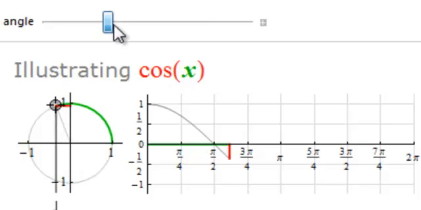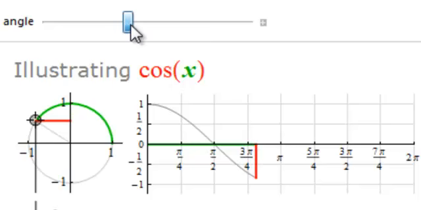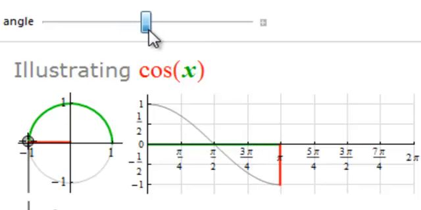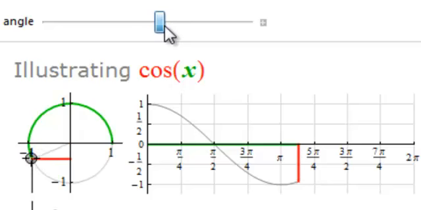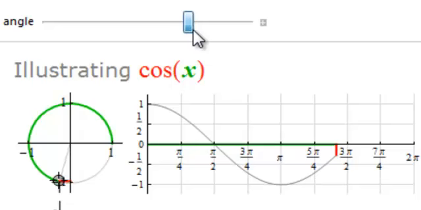Then as we move toward pi, we see it getting bigger in the negative direction until it maxes out at 1, but in the negative direction, so it's negative 1 at pi. And then as we approach 3 pi over 2, it gets smaller and smaller until we hit 3 pi over 2 and we get 0.